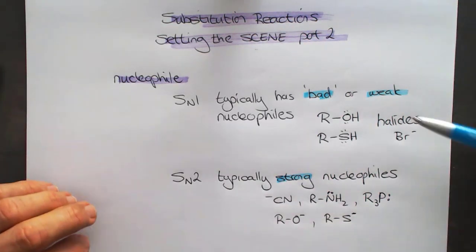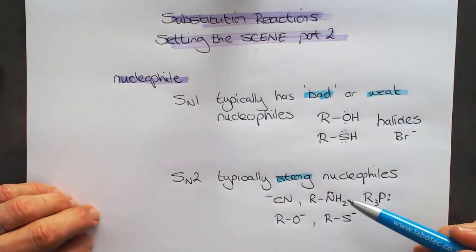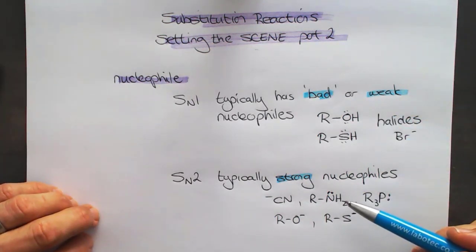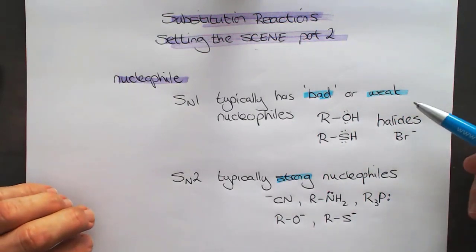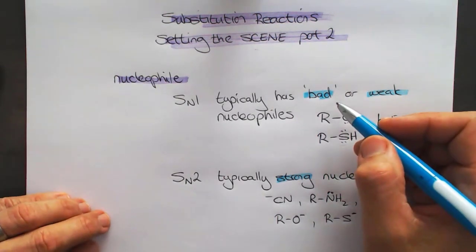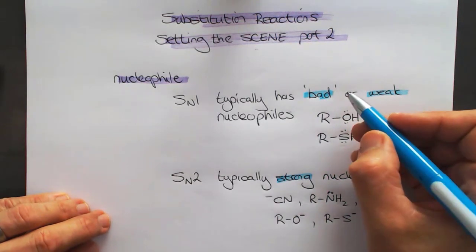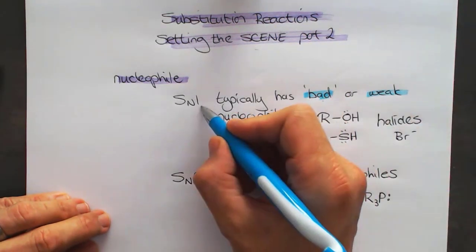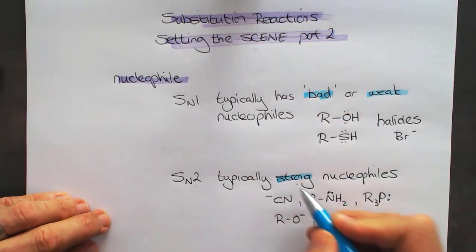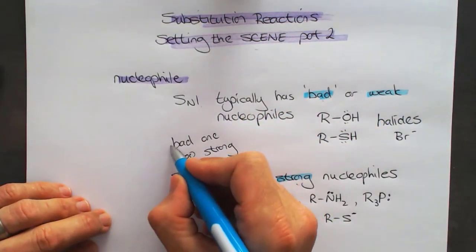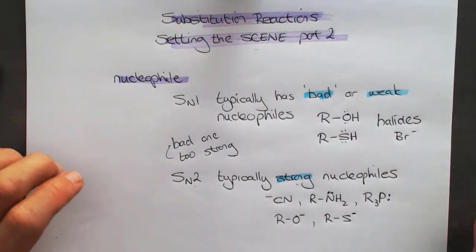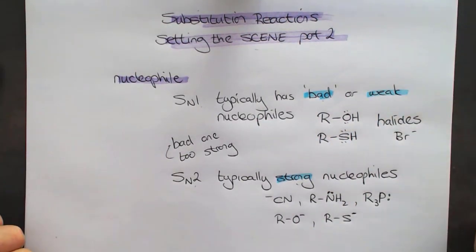Nevertheless, this gives an overview of the types of nucleophiles to look at. If you want to remember this, you could use an acronym: bad 1 and 2 strong. That mnemonic might help you remember these two things that we're looking for in terms of nucleophiles.